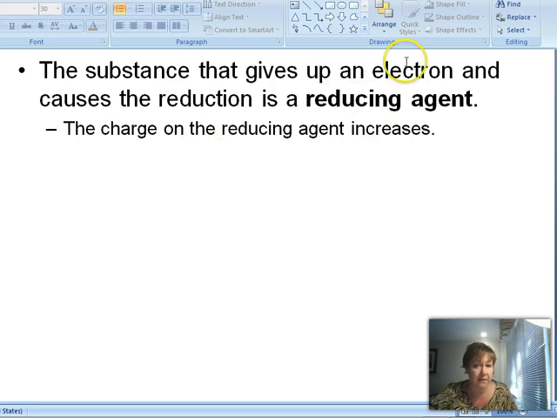Oh, the substance that gives up an electron and causes the reduction is a reducing agent. Oil rig. Seriously. You just have to remember it. Oxidizing is losing. Reduction is gaining.